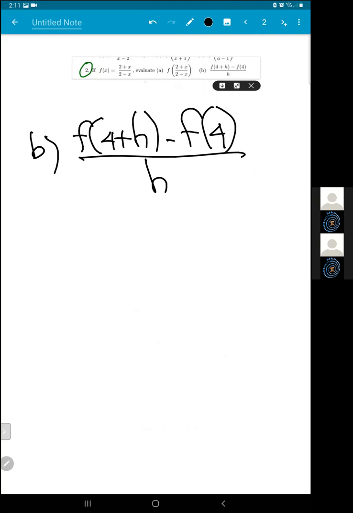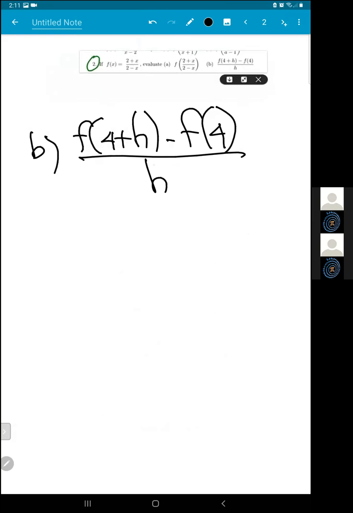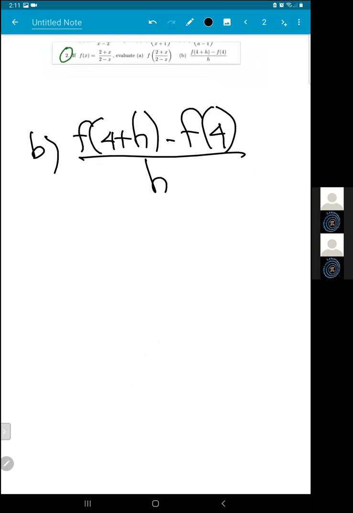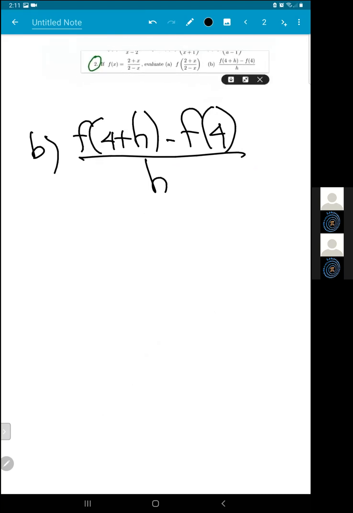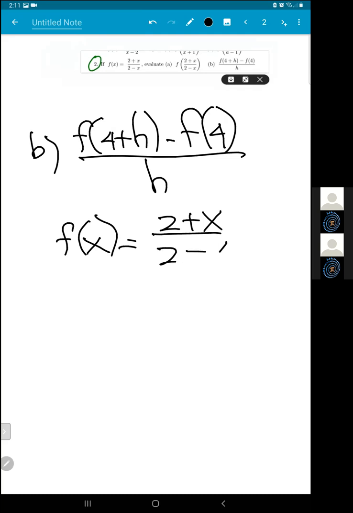So again, f of x is 2 plus x over 2 minus x, given there in this one here. So you're going to evaluate f of 4 plus h. Let me rewrite it again. f of x is 2 plus x over 2 minus x. So let's evaluate first f of 4 plus h.